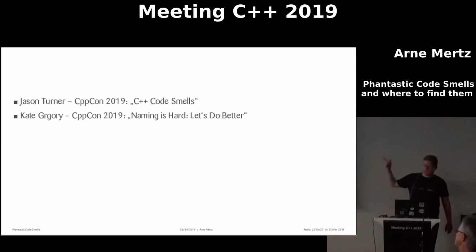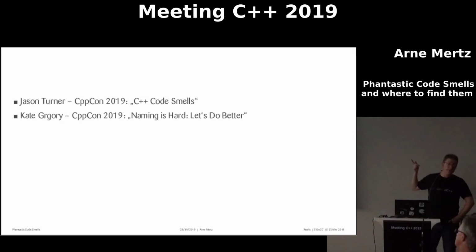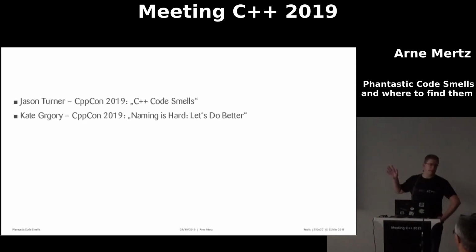I already mentioned Jason Turner's talk. Also at CppCon there was a talk by Kate Gregory about meaningful names, giving better names. Naming is a complete topic in itself, but it's also a code smell, like having short names, non-descriptive names, abbreviated names that don't mean anything for anyone. But I leave it with that.